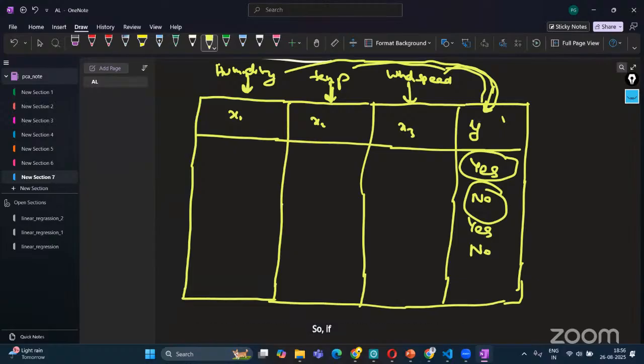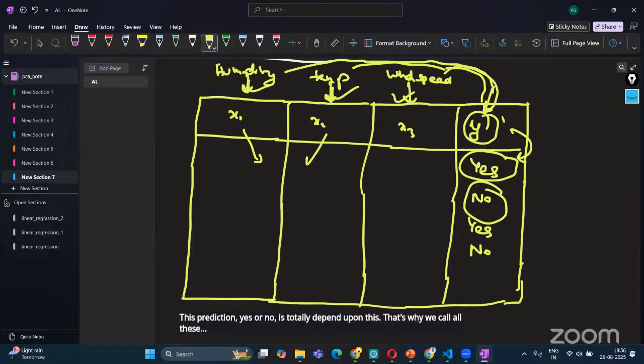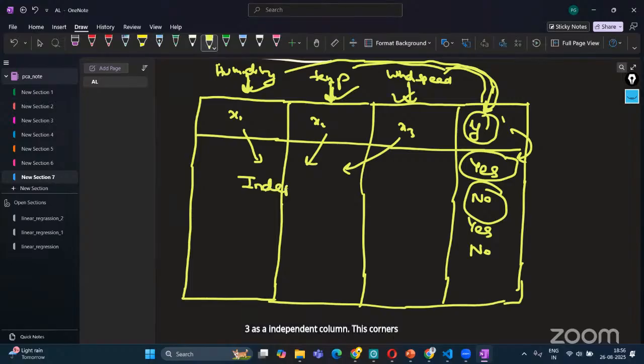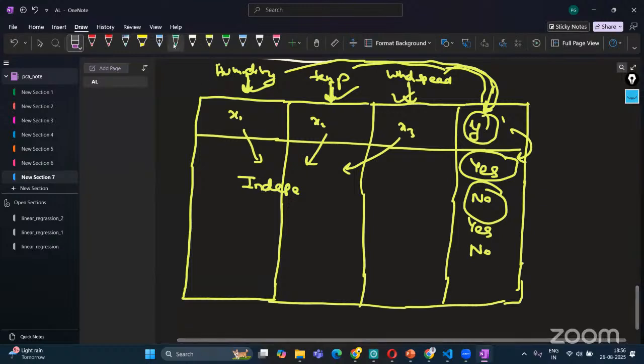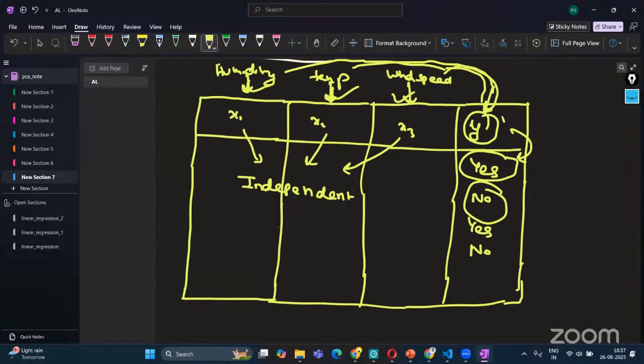So this prediction, yes or no, totally depends upon these. That's why we call all these three independent columns. This is called independent. And this is called dependent.